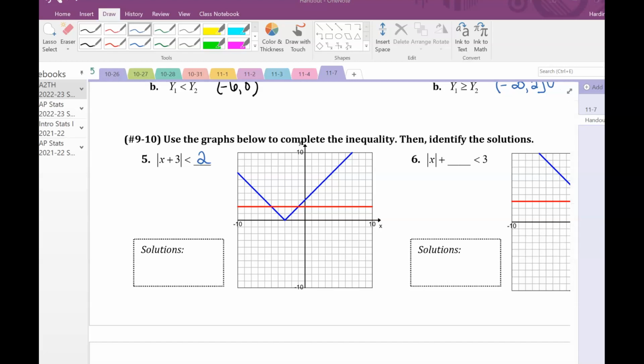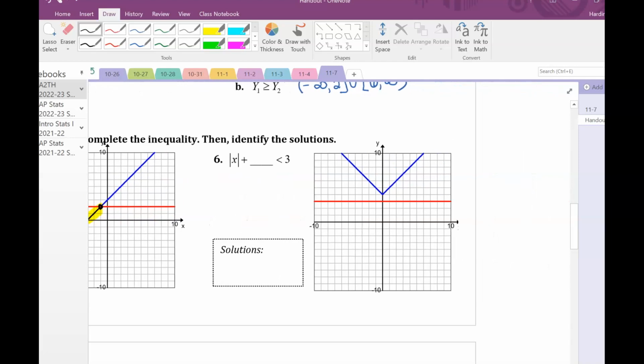So where's the output of the blue graph less than 2? The output of the blue graph is less than 2 here from when x is negative 5 until x is at negative 1. So from negative 5 to negative 1, the absolute value of x plus 3 is less than 2.